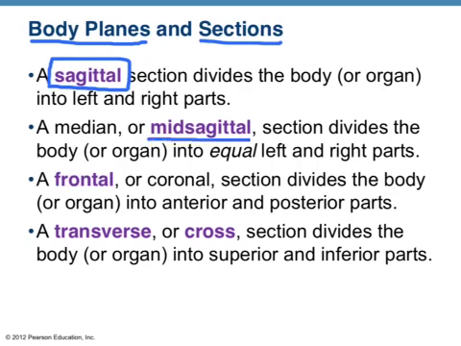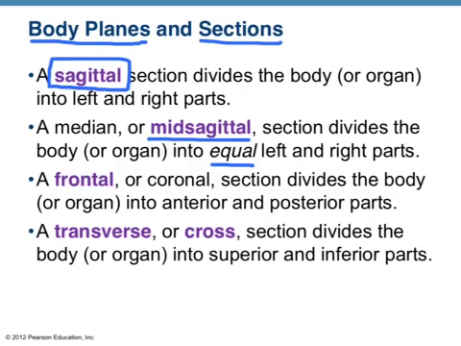Mid-sagittal is an equal division, using the body or the organ's bilateral symmetry to talk about the midline of that organ or the body itself. So a mid-sagittal plane would go straight down through your eyes, through your nose, all the way down through your belly button, straight to the floor, and cut the body into equal right and left parts.